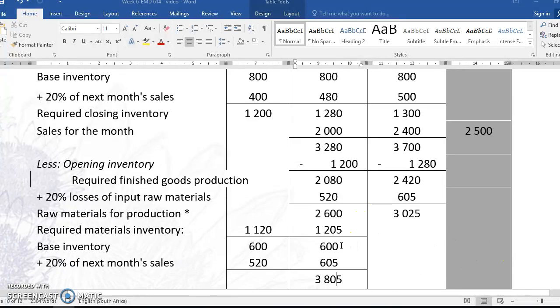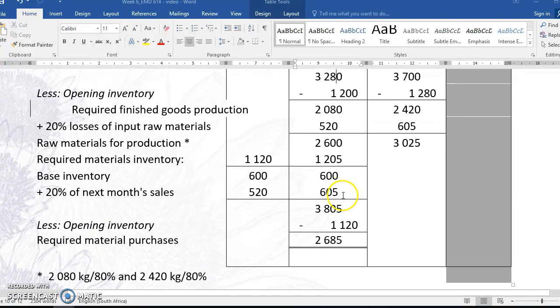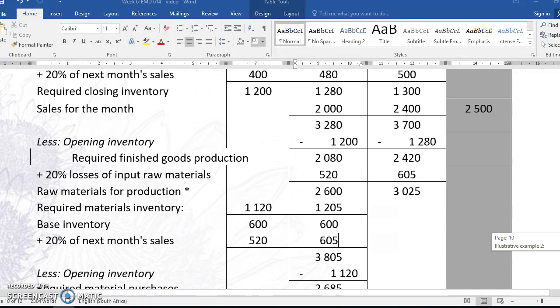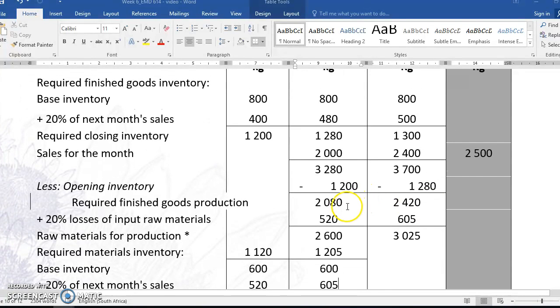So in the next month, this is why we had to do October, we effectively do the same thing that we did with the 2,080 over here.